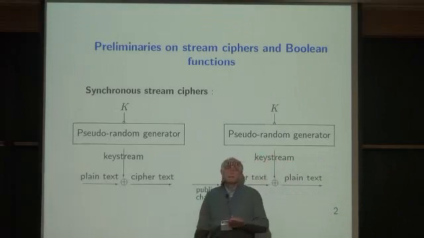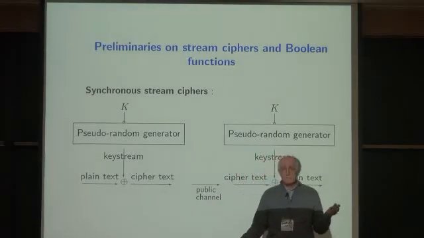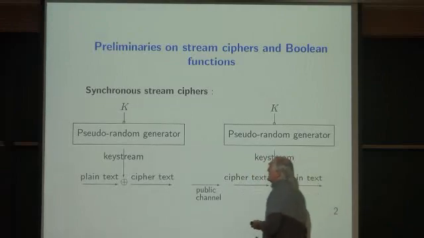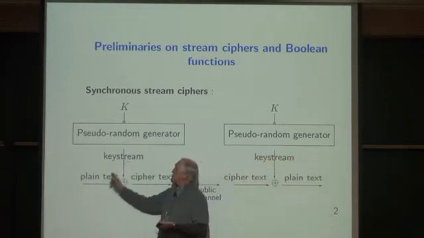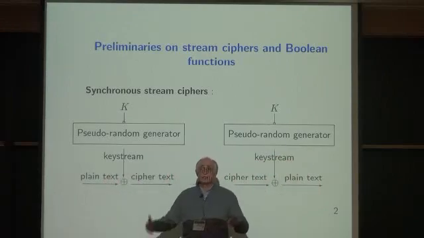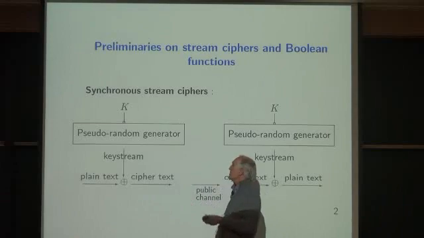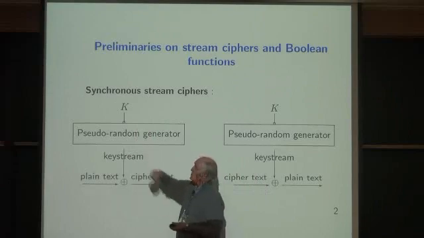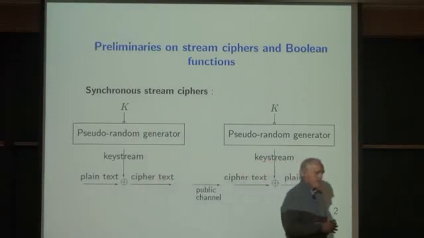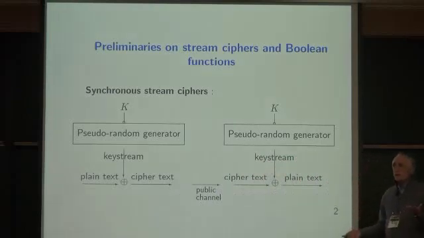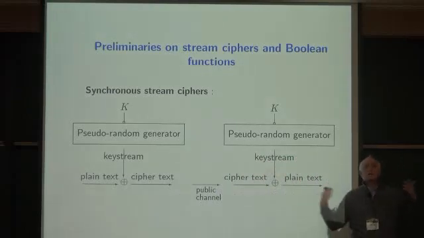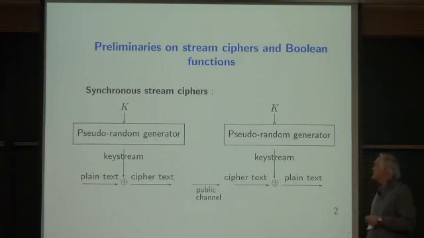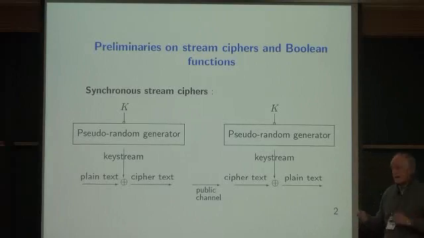And since your key is something like 120 bits long, and the key stream should have the same length as the plain text, which is maybe 1 megabit, you have to build the key stream from the key, and this is the pseudo-random generator which does it. A pseudo-random generator is supposed to build a pseudo-random sequence which has many properties of real random sequences, but obviously not all, and which must resist all the known attacks.